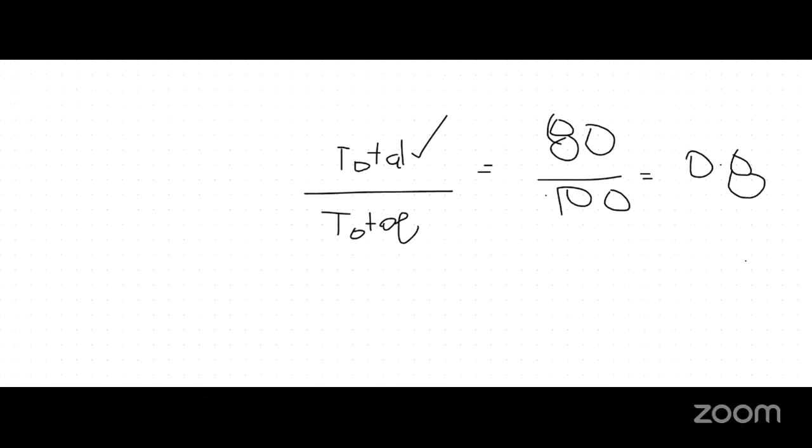RH and RL and T, that is RH plus RL, is equal to 540 students.